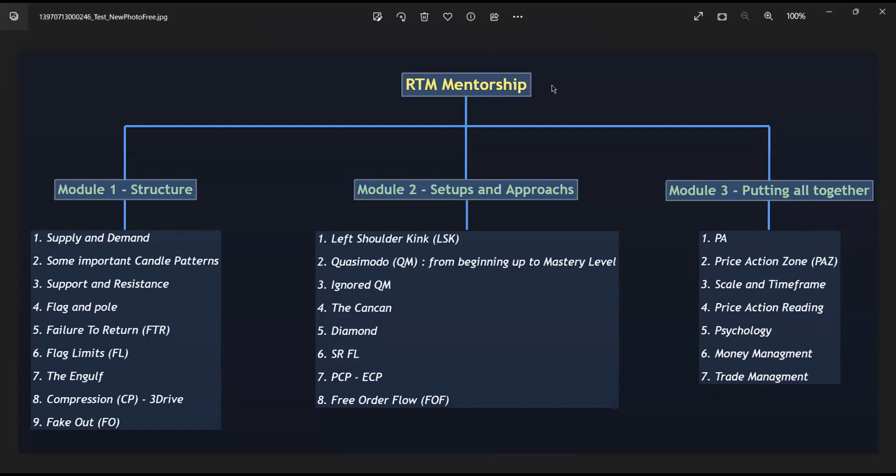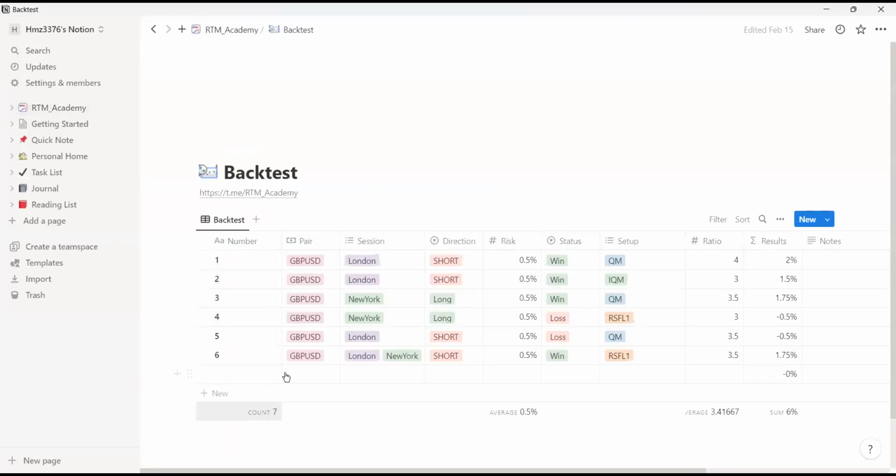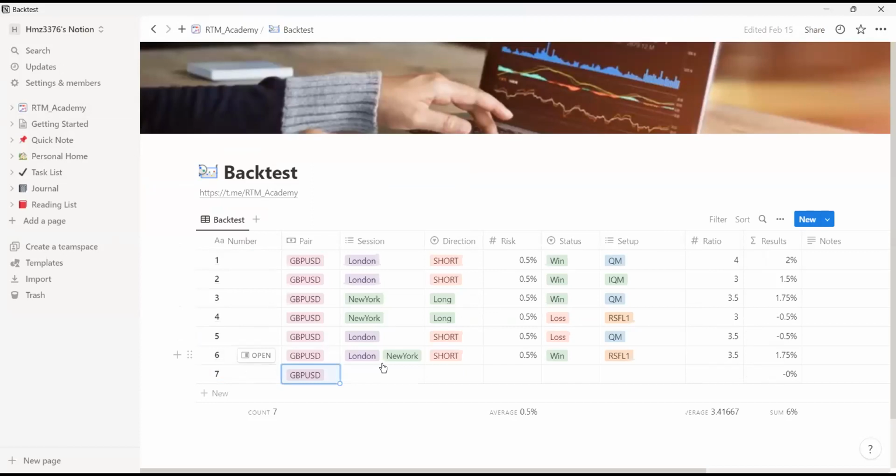So what is trade management? Let me show you in Notion. We provide something in Notion for you so that when you do a backtest, you record all your backtests right here: your risk, your ratio, and the result. For example, I have a trade on the pound, in the London session, the direction was long, we risked for example one percent, and we won the trade.